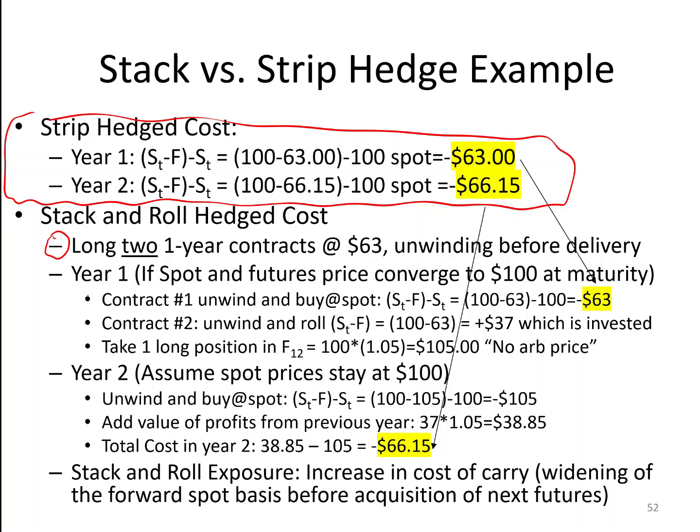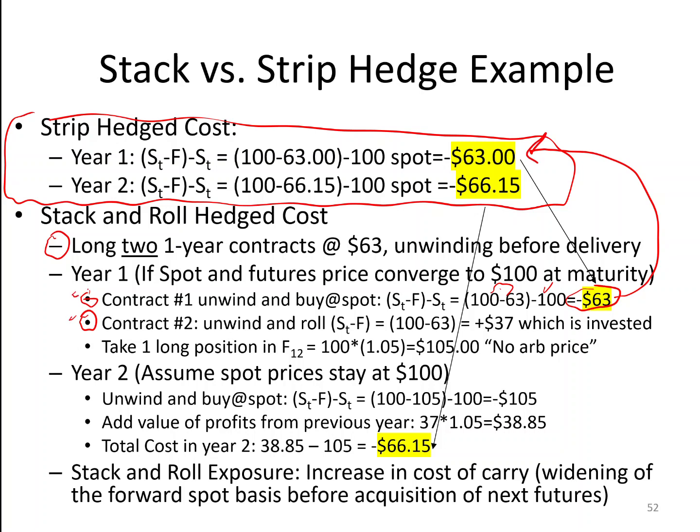And you can think about unwinding those 2 contracts one at a time. The first contract they unwind, they make profit, and they buy oil. Remember, they need oil in year 1. So effectively, they lock into a price of 63, just like the strip hedge.